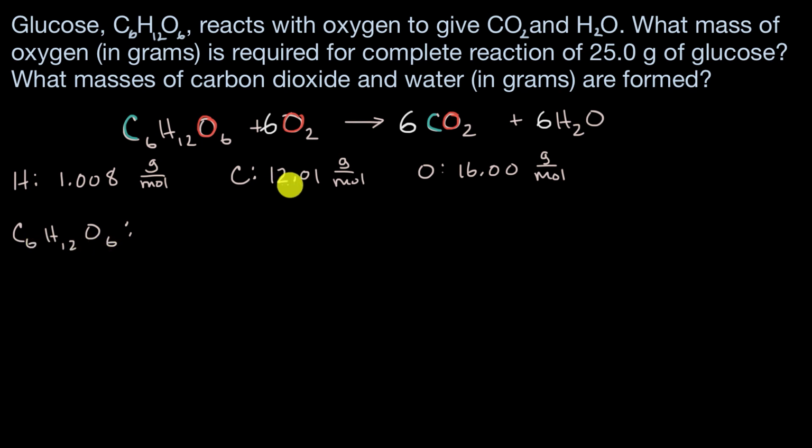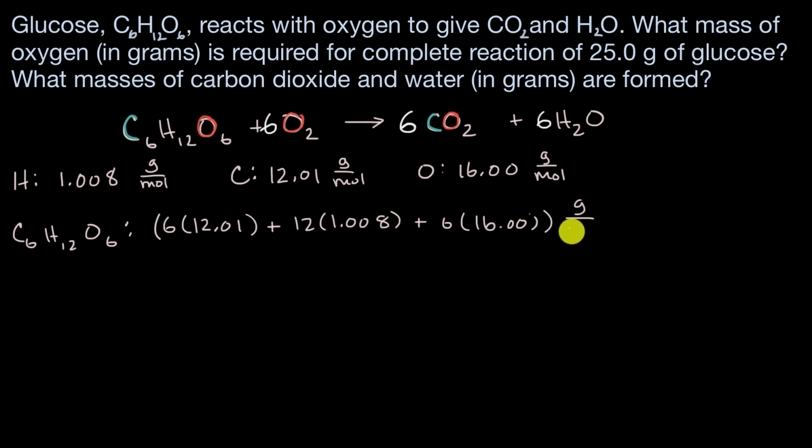So one way to think about it is going to be 6 times 12.01 plus 12 times 1.008 plus 6 times 16.00. And then this is going to be grams per mole. And this is going to be equal to 72.06 plus 12.096 plus 6 times 16 is 96.0.